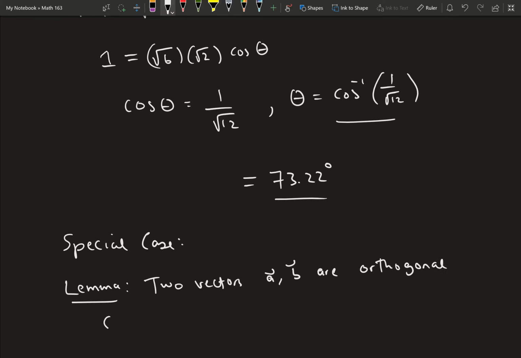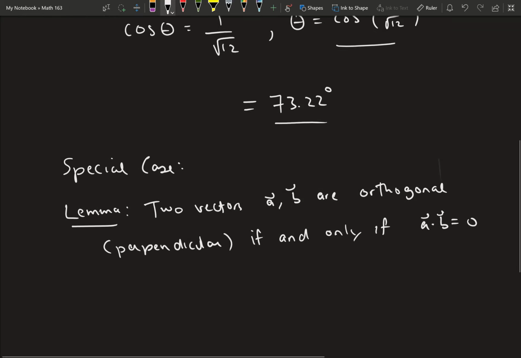Now usually many people use the word perpendicular. Generally, the term orthogonal tends to be used more often in multivariable calculus. So two vectors A and B are orthogonal, i.e. they're perpendicular, if and only if A dot B is equal to 0.